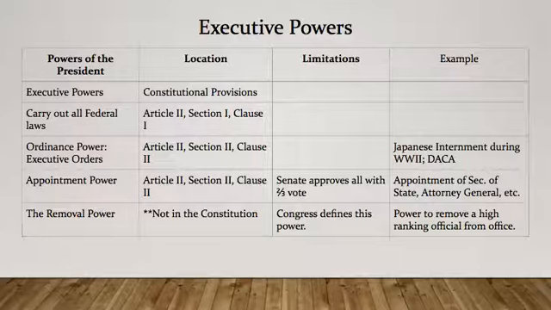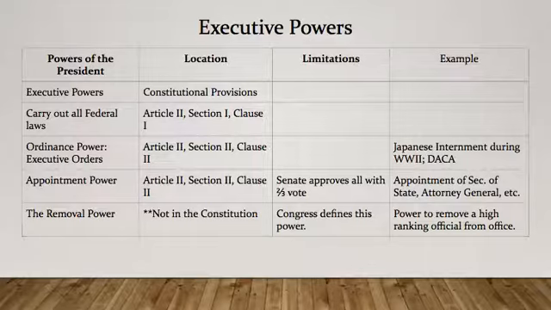And that's found in Article 2, Section 2, Clause 2. So that second paragraph in Article 2, Section 2 establishes that executives can have these executive orders. And there's a long history of presidents issuing executive orders. FDR, Franklin Delano Roosevelt, has the most executive orders by far as president.